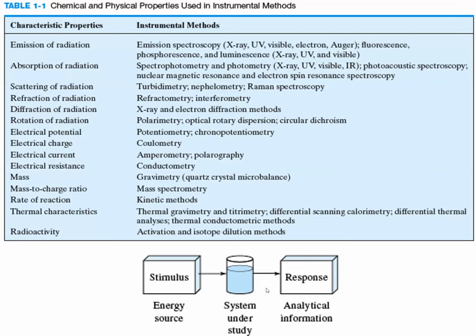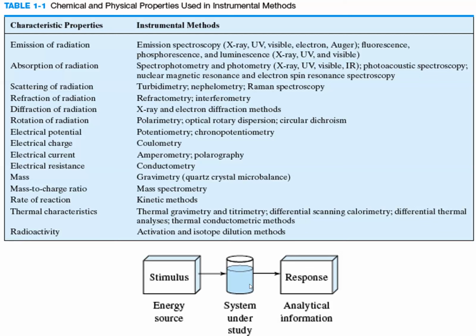At the end of this slide, you notice at the very bottom is a block diagram that summarizes what really happens in analysis. You usually have a stimulus. A stimulus is what is going to interact with your material. In many cases, it's an energy source. And then you have the system under study.